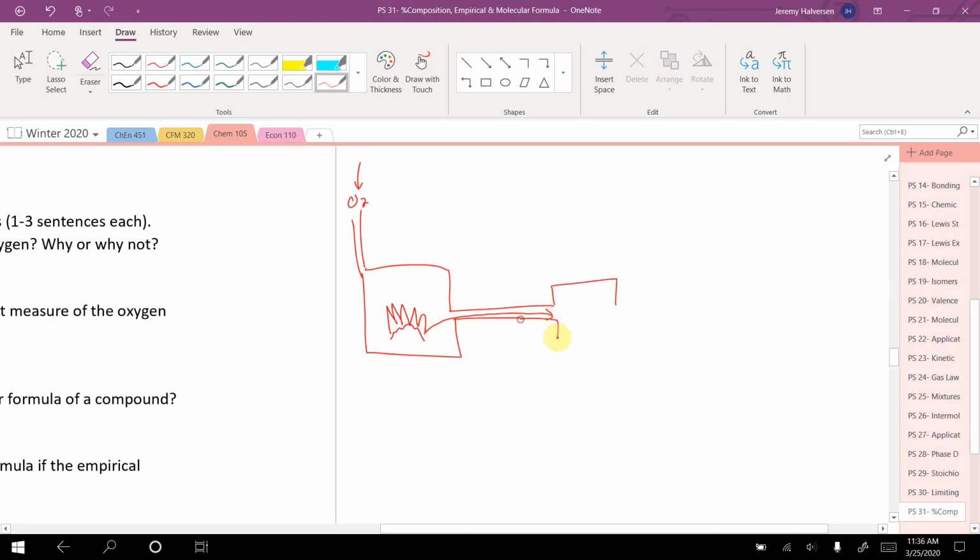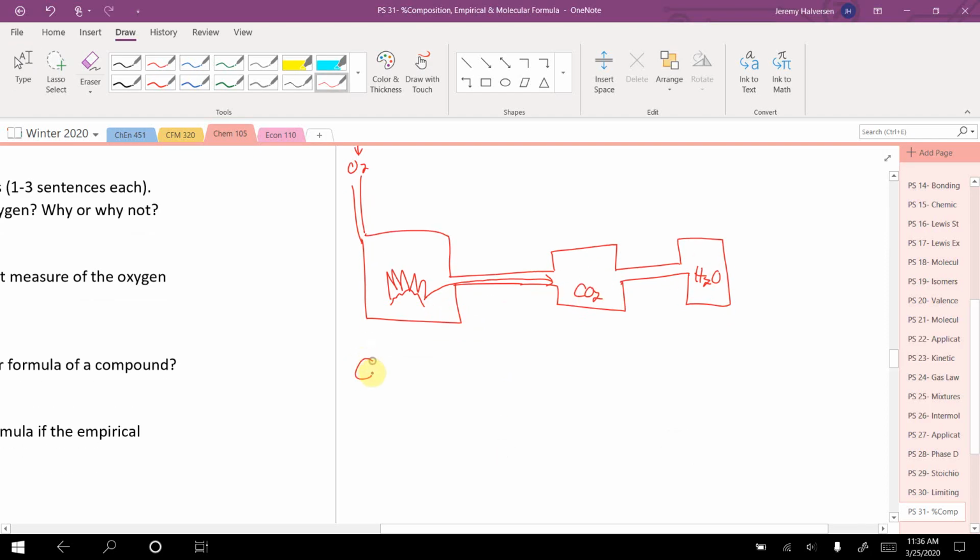And we can collect our CO2, and then we can collect our water, right? Because when we burn hydrocarbons, we get carbon dioxide and water. So I burn it, and I collect all my carbon dioxide and all my water that I get afterwards. So I've got this hydrocarbon C something, H something, O something, plus oxygen, giving CO2 and water.